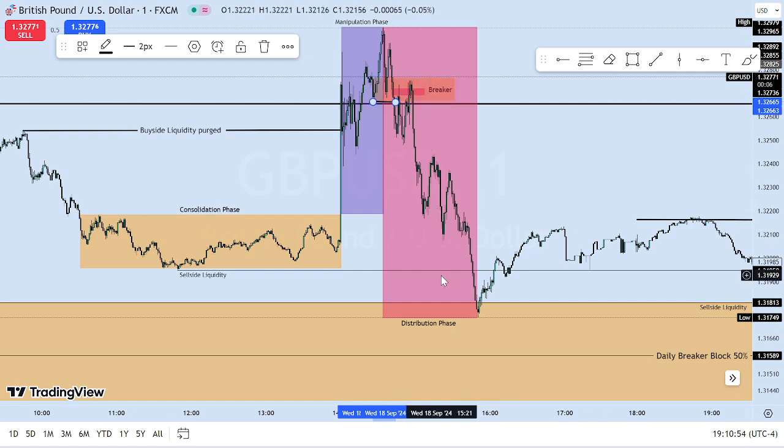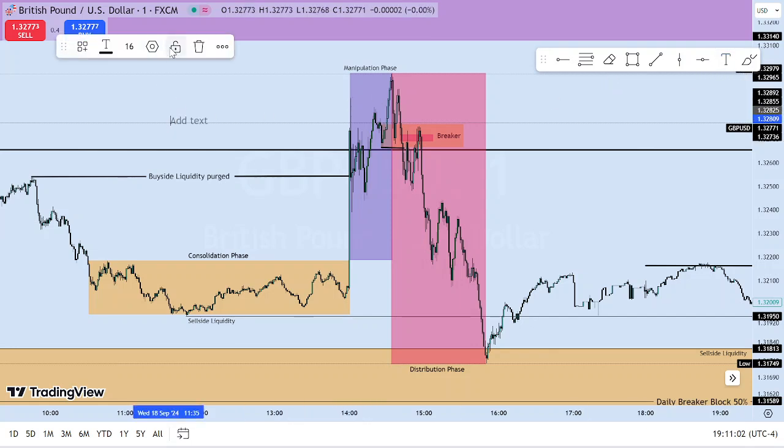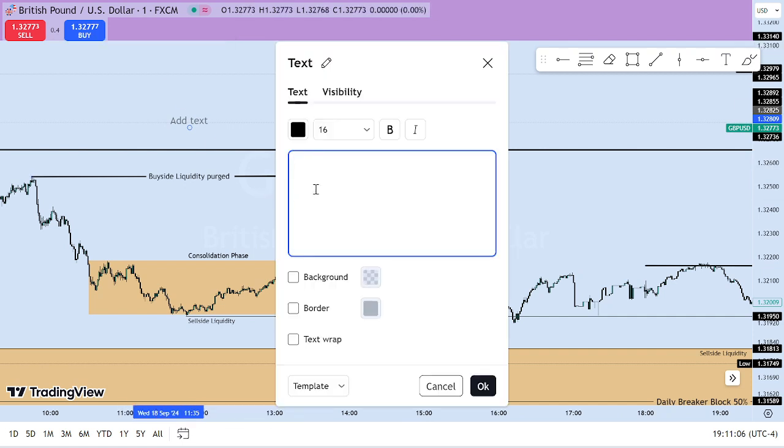For the distribution phase, as power of 3.